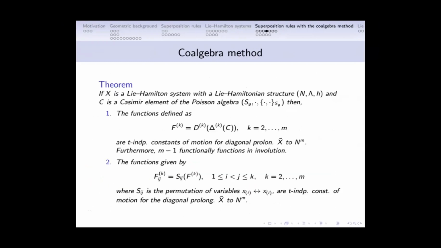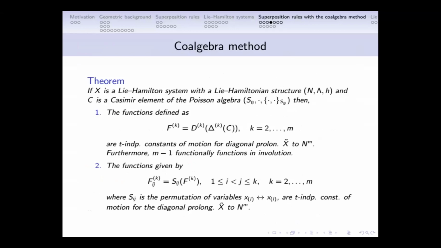There's a theorem that tells you that using this primitive coproduct, you can obtain the first integrals this way. So you take the Casimir of the Poisson algebra that I was showing you of these h's. It's h2, it's h3, and you take the Casimir.